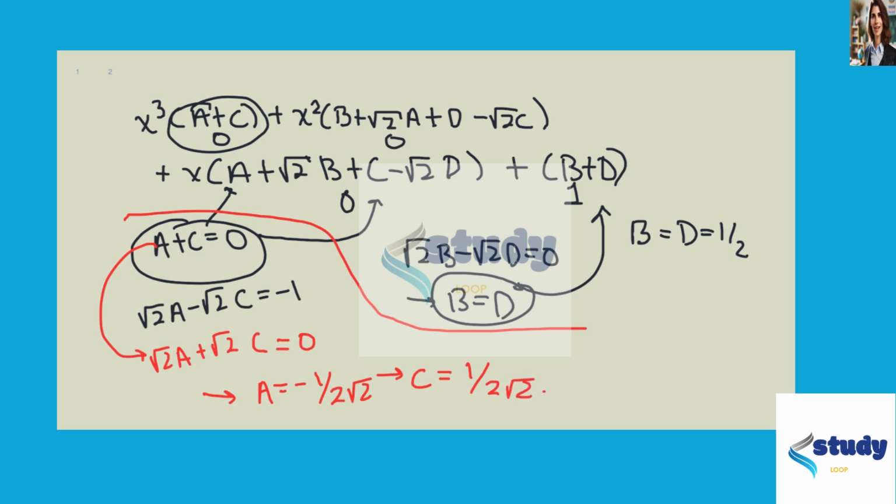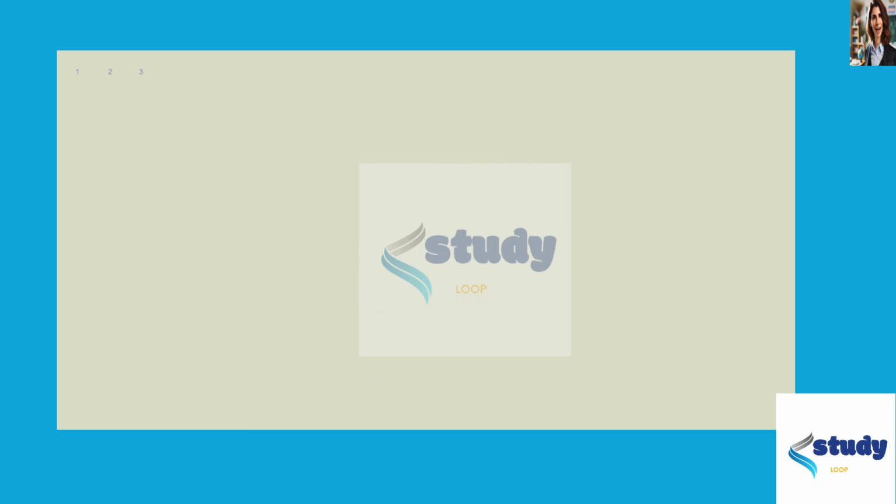So now we have our values for a, b, c, and d. Let's plug these into our partial fraction decomposition. We have the integral over here, our denominator, which we'll deal with in a second.